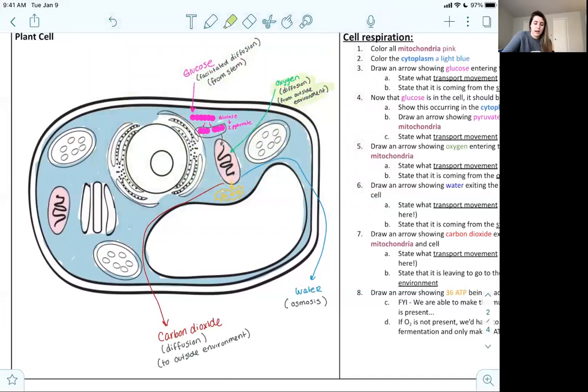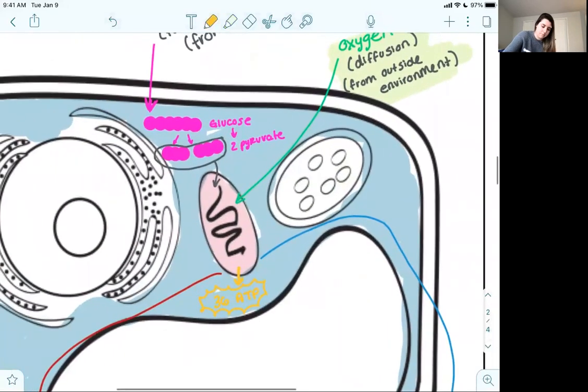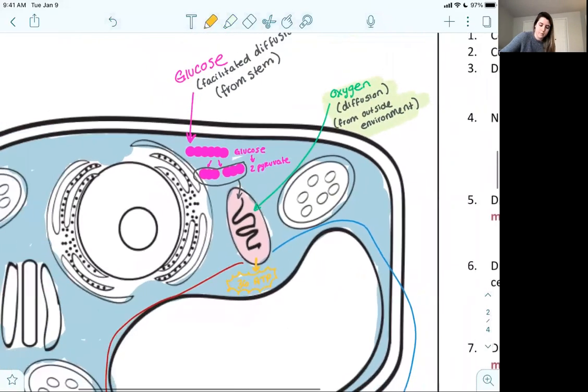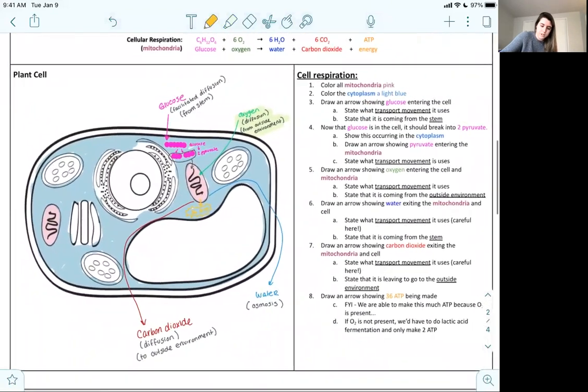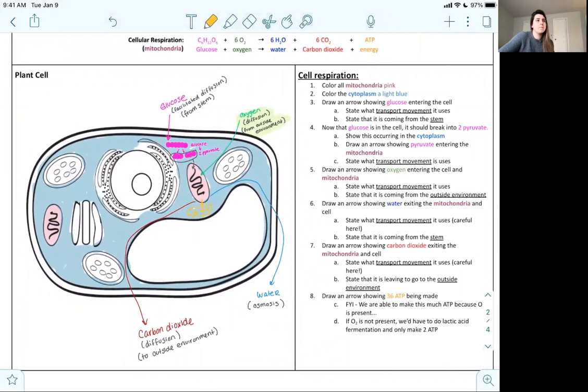If oxygen were not present, that glucose here would not enter the mitochondria. It would stay in the cytoplasm and it would do a type of fermentation that is specifically for plant cells. We call that fermentation here. Okay. And that is all we've got.